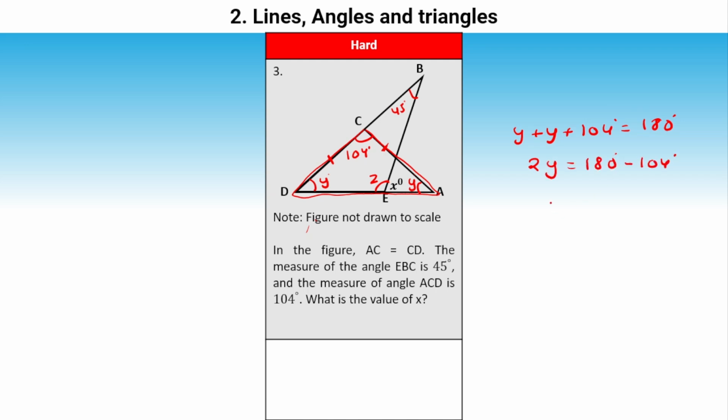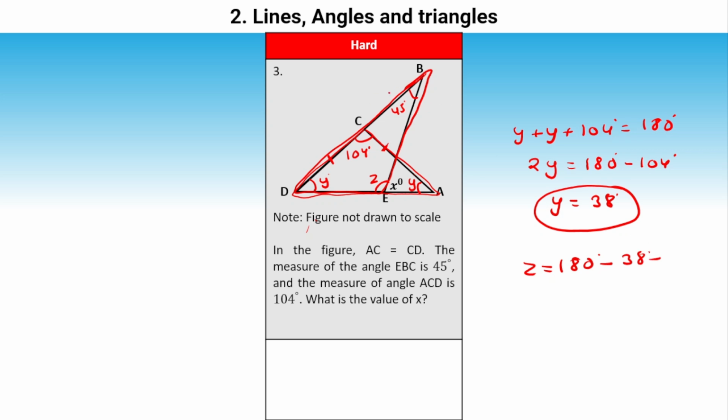If you solve it, you will get the value of y as 38 degrees. Now we have the value of y. Now we have to find the value of z, right? So z will be equal to 180 degrees minus y. I'm taking this triangle. So z equals 180 minus y, where y is 38, minus this angle, 45.